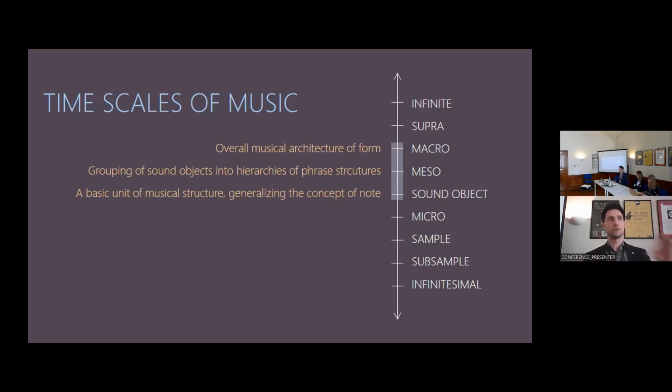And during that time, when computer music started to grow and the research was more and more prominent, this notion of time scales of music was introduced by Curtis Roads. So now with computers, we can affect not only the note level, so not only choose which notes we would like to hear, but we can also compose timbre.